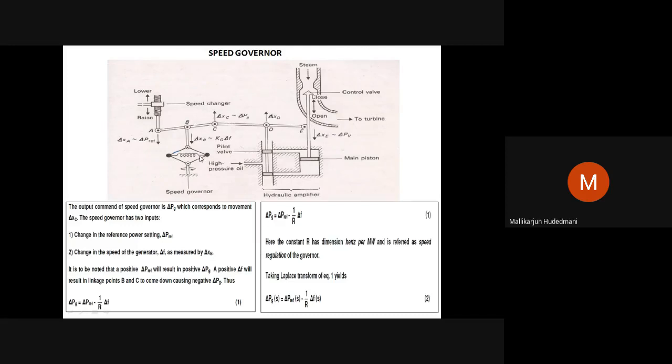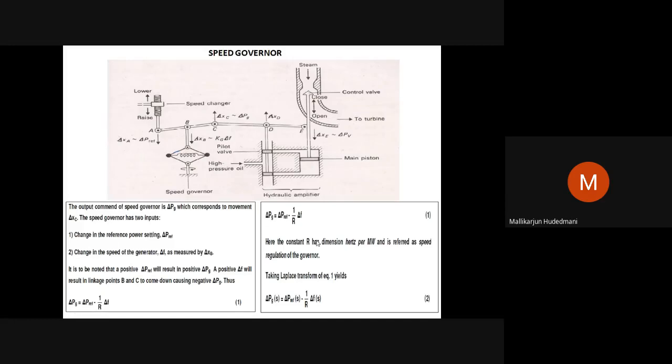Delta PG, the incremental, minute change in power displacement required from the governor's perspective, is delta P reference, whatever change is expected here, minus 1 divided by R into delta F, or delta F by R, where delta F is called the frequency deviation noticed as line frequency.